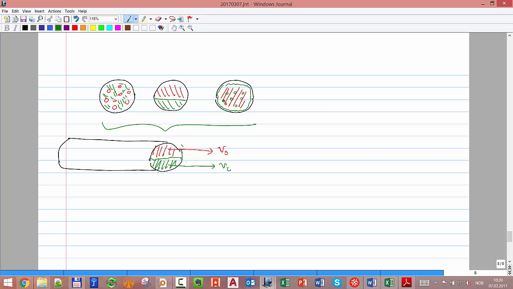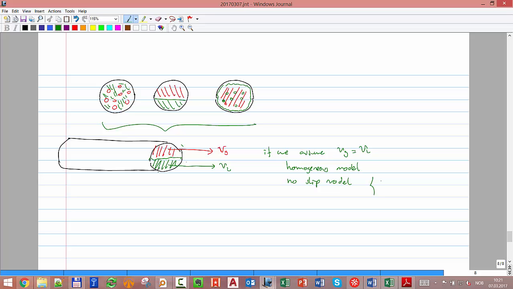So if we assume that they are the same, that Vg equals VL, then that's what we call the homogeneous model, or the no slip model. Slip is where the two velocities are different, and that's actually the most frequent case.